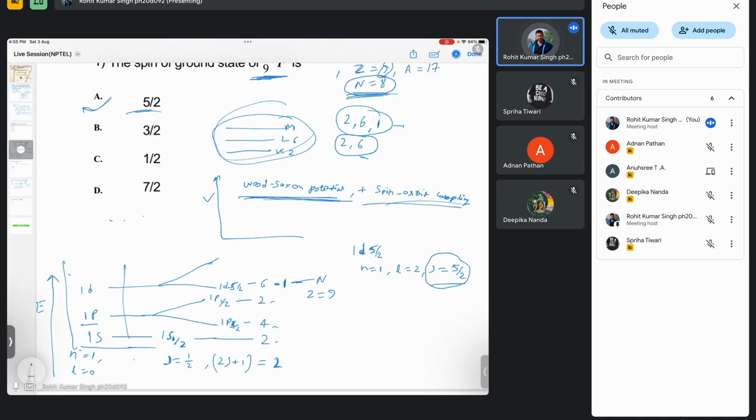When you apply the spin orbit coupling, you get further splitting. You break the degeneracy of these states. Do you get an idea of what I'm saying?